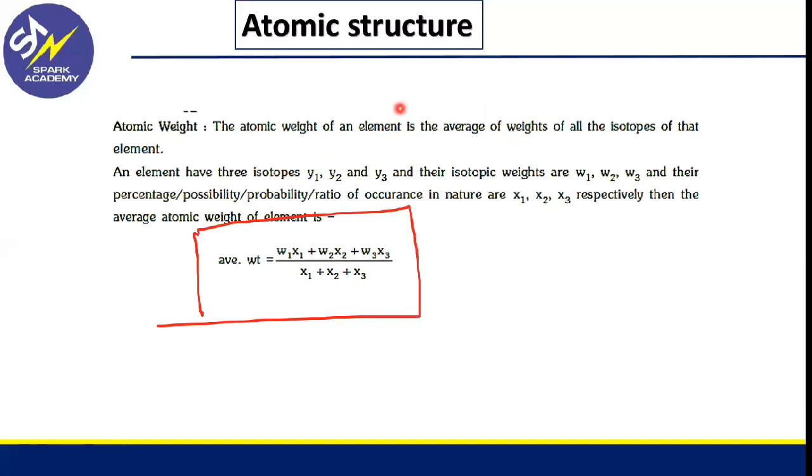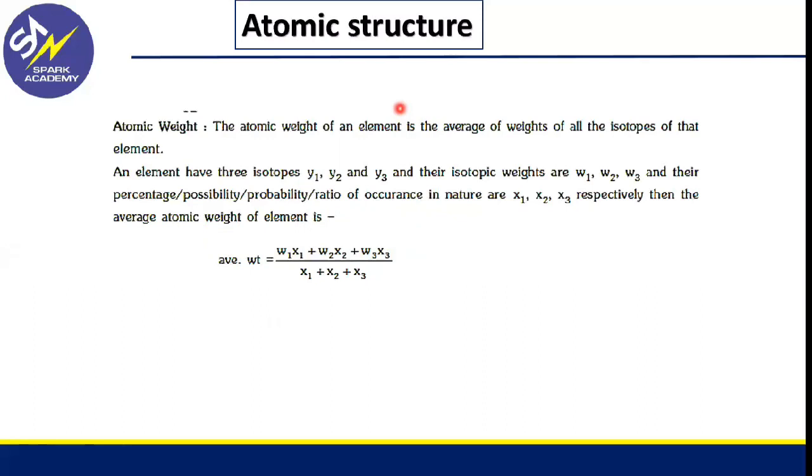If there are 3 isotopes, Y1, Y2, Y3, and their weights are given to be W1, W2, W3, but the percentage in which they exist is different. The percentage of isotopes in nature might be different, maybe only 0.1% or 0.2%. Suppose carbon 12 is there, carbon 13 is there, there are different kinds of isotopes. So these percentages might differ.